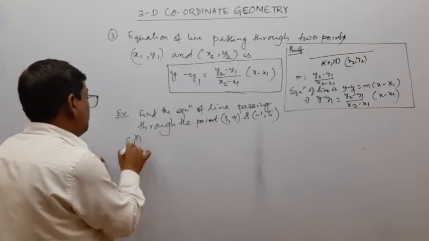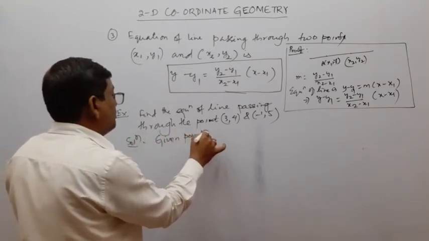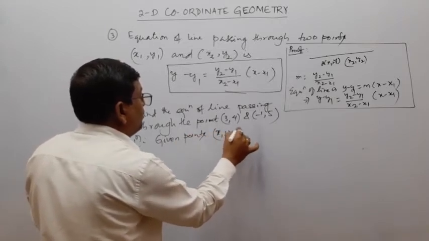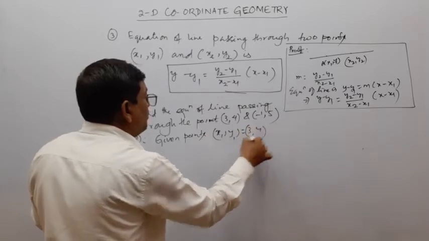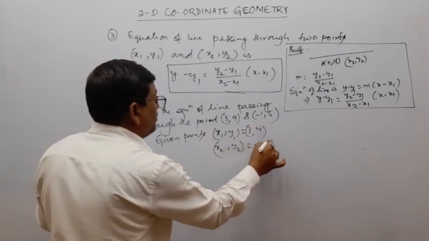Solution: given points x1 y1 is equal to 3, 4 and x2 y2 is equal to minus 1, 5.